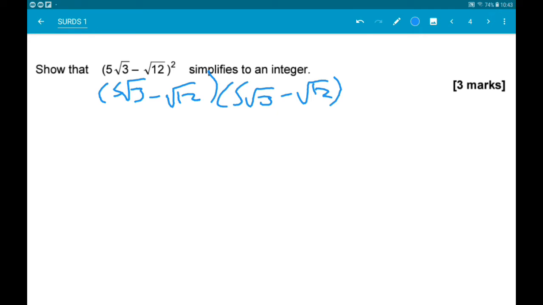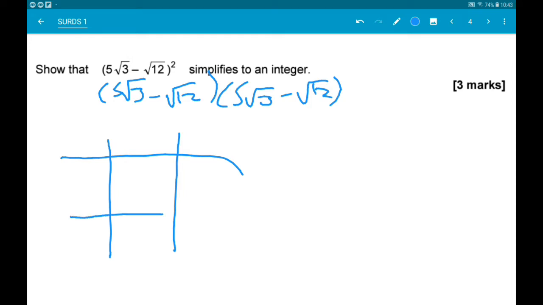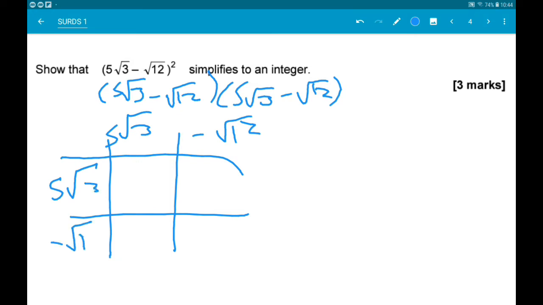Now, with surd expansions, I highly recommend using a table. So, 5 root 3 minus root 12, 5 root 3 minus root 12.